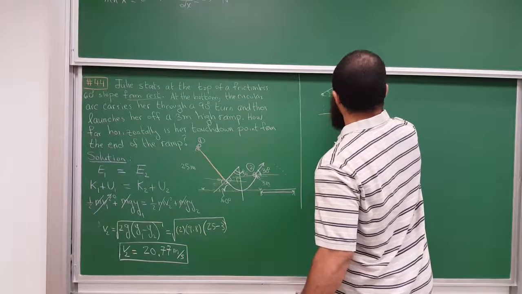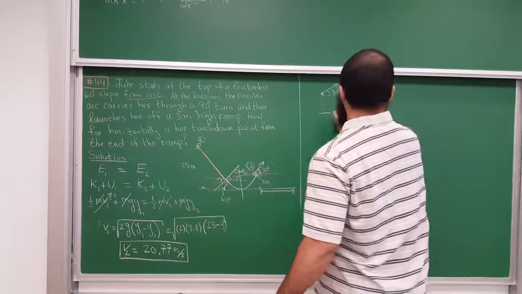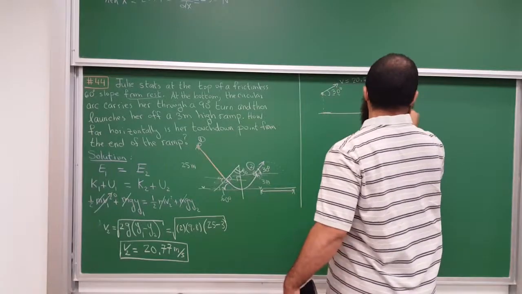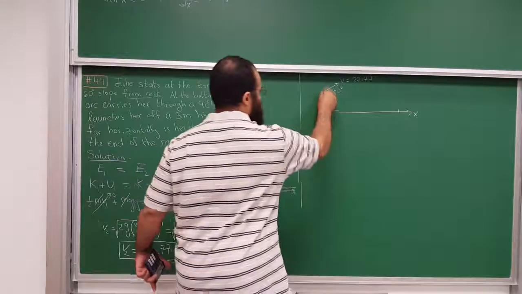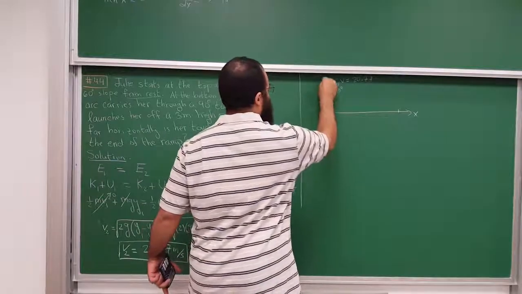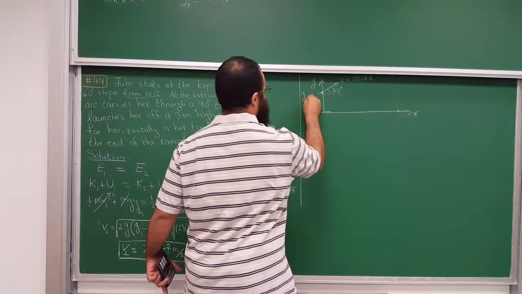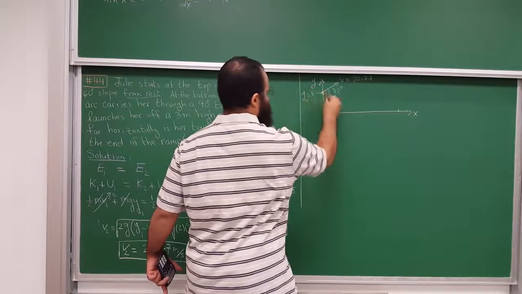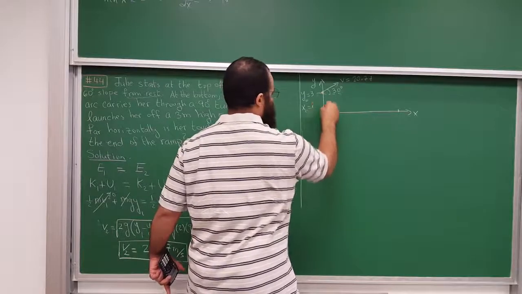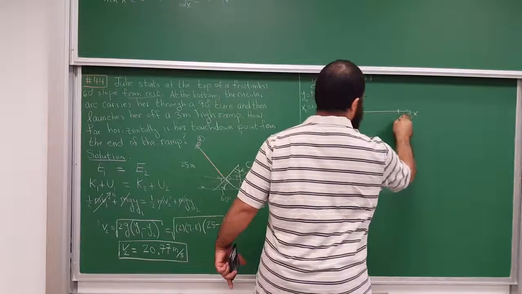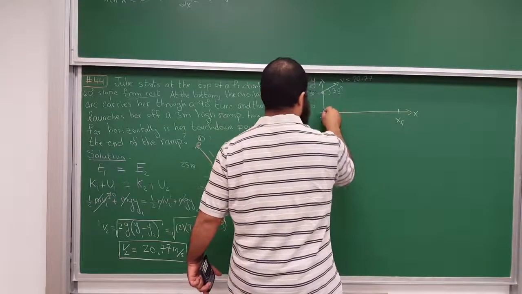This angle here is 30 degrees. And our mass will land over here. I'll name that to be the y-axis. So y initial is 3 meters, the height is 3 meters. x initial is 0, that's the 0 point, and x final is over here.